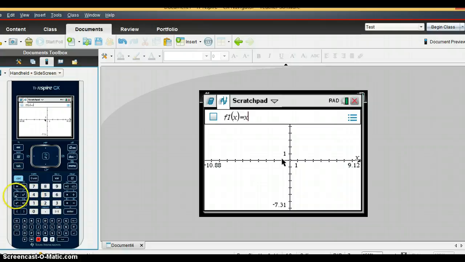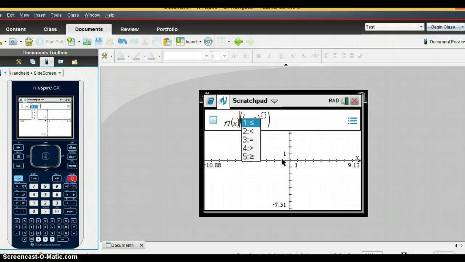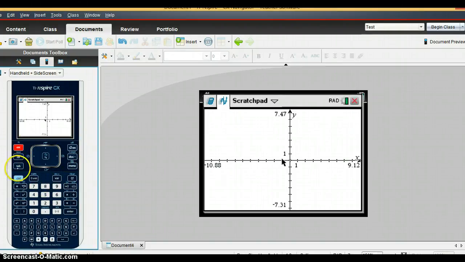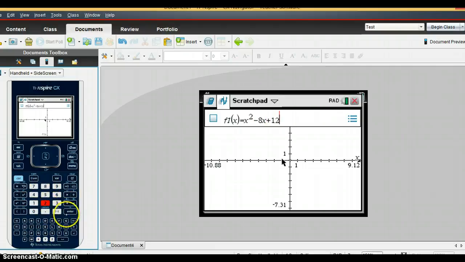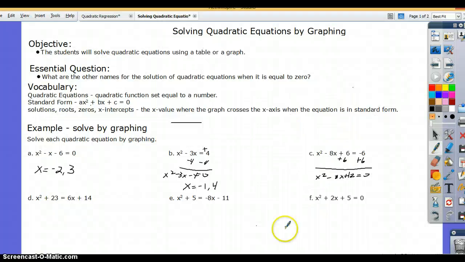So x squared minus 8x plus 12 gives me this. So I got a solution at 2, and then 3, 4, 5, another one at 6. So x is equal to 2 and also equal to 6.